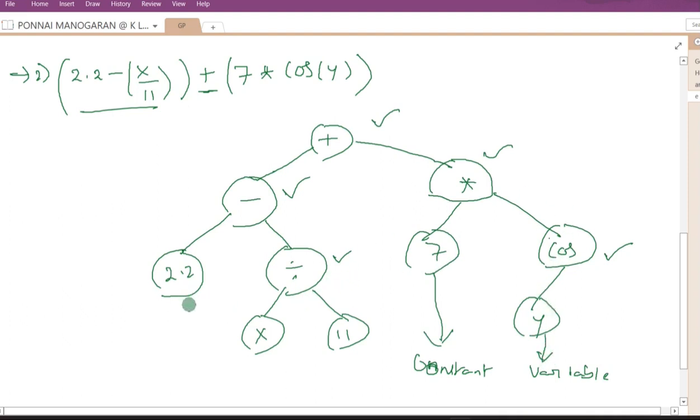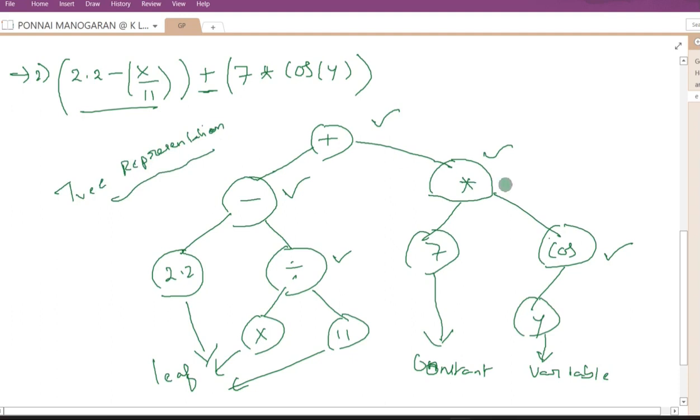Leaf nodes consist of either constants or variables. So this is how we represent a mathematical program using tree representation. We successfully represented a mathematical program using tree representation.